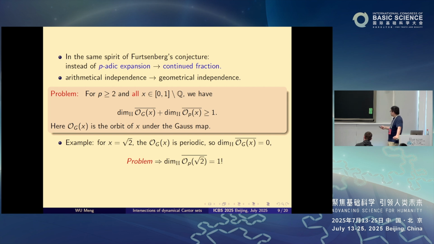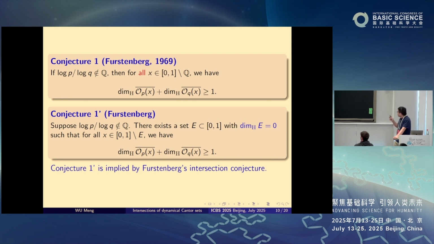This is, of course, a famous conjecture, but so far it's completely out of reach. So this is probably another way to adapt this problem. Okay, so let's return back to this orbit conjecture of Fürstenberg.